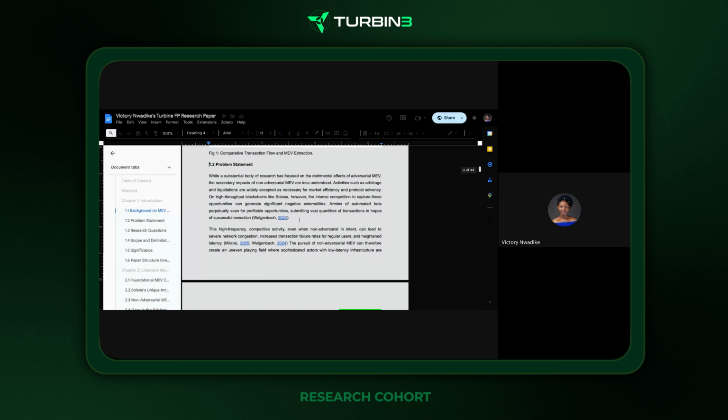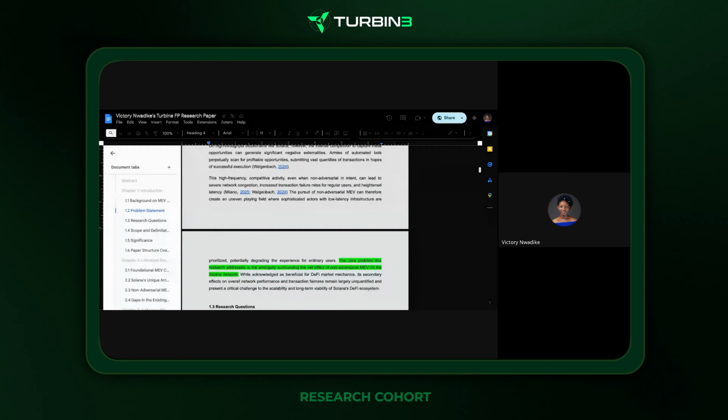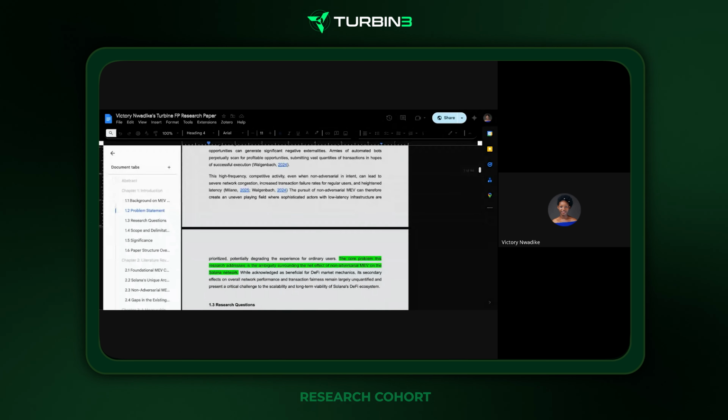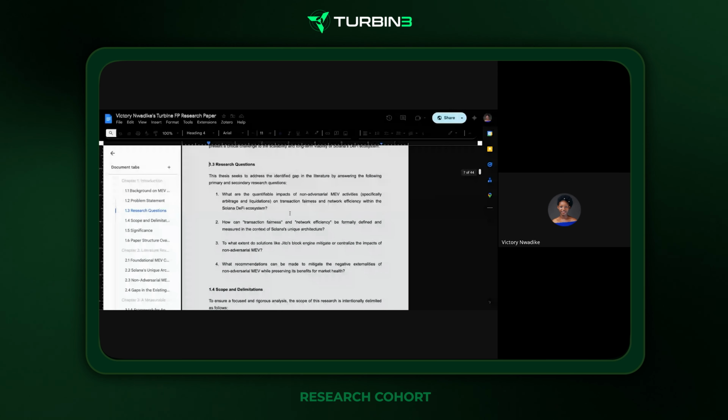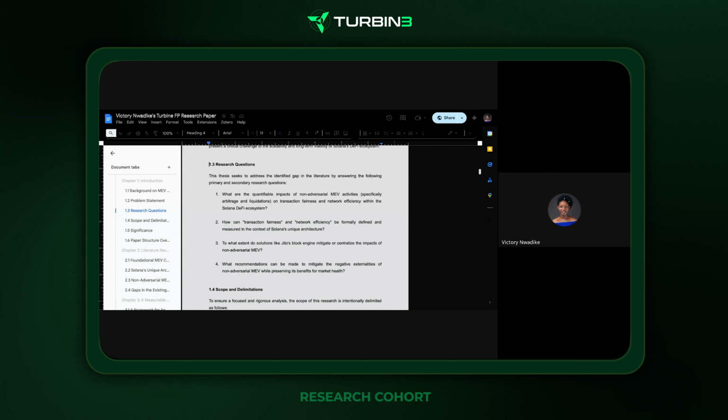What I said is basically my problem statement. Then I ventured into this project with these four research questions. What are the quantifiable impacts of non-adversarial MEV activities? How can transaction fairness and network efficiency, because that was what I focused on in this project, be formally defined?